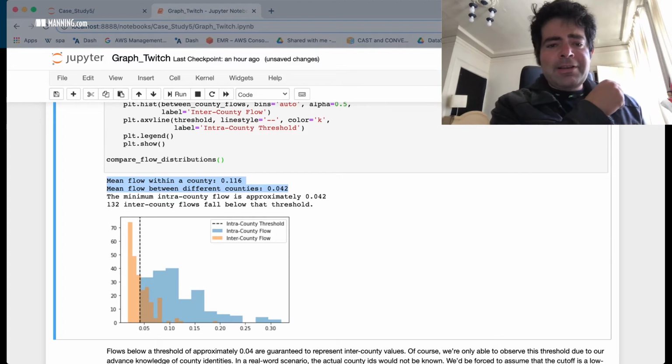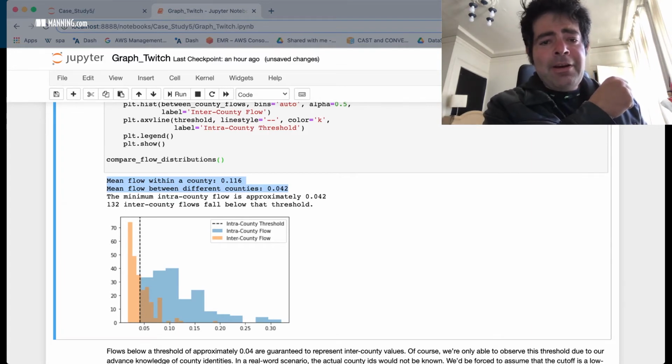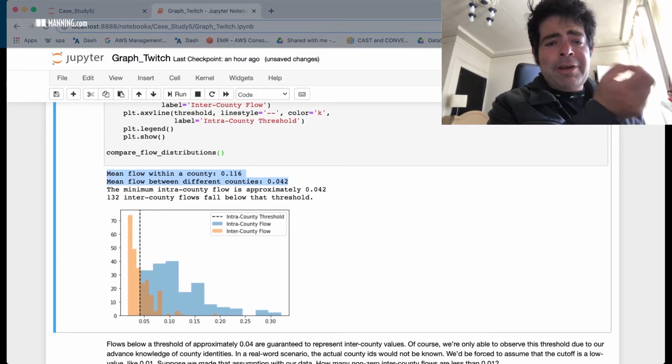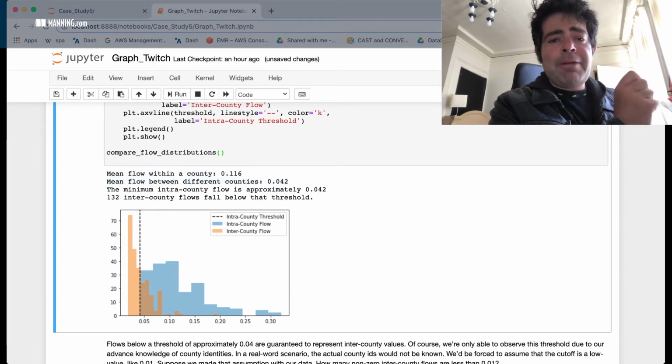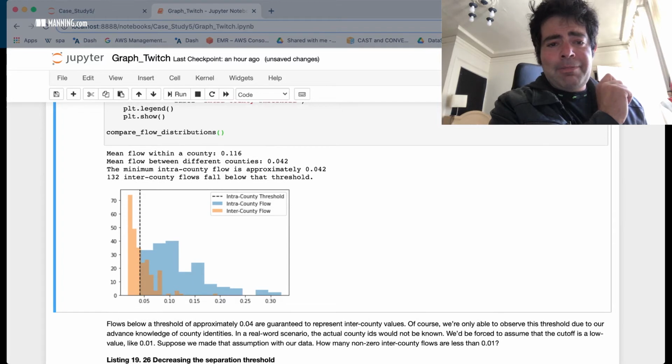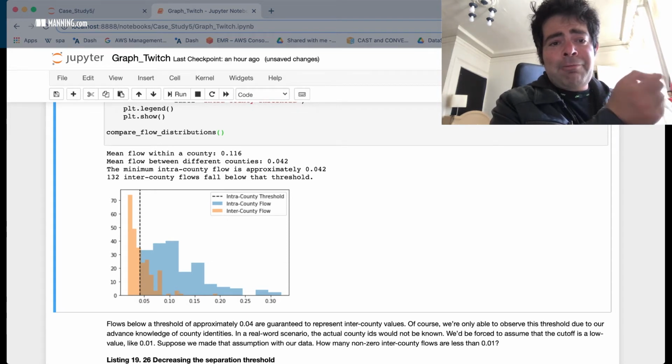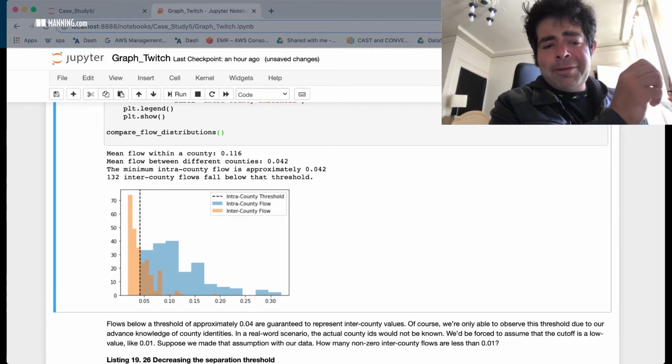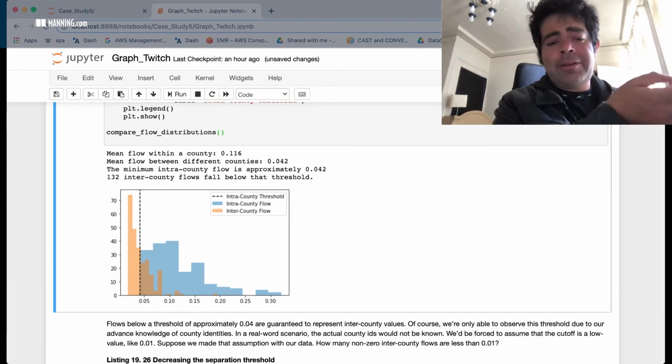What's also interesting is this vertical line right here that I'm calling the intra-county threshold. This is the minimum observed flow between towns that are in the same county. And this threshold is approximately 0.042. Given this threshold, we can isolate 132 pairwise examples of towns that are connected by edges and are in different counties.